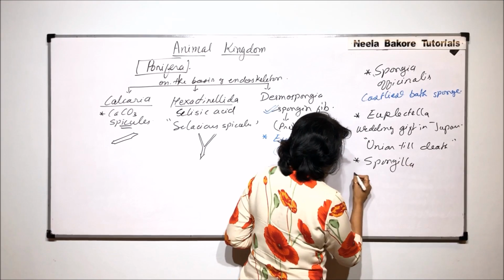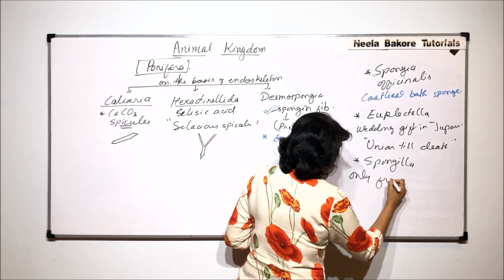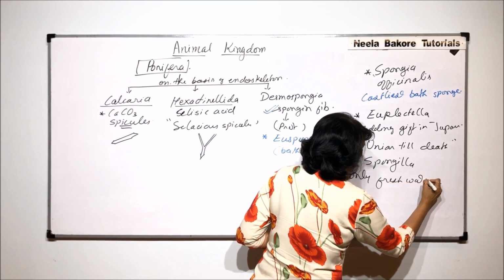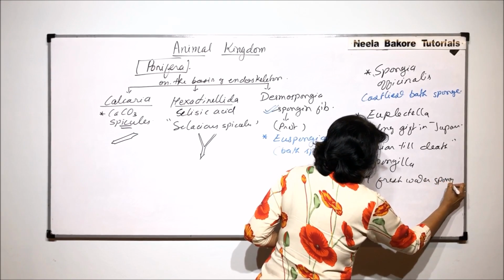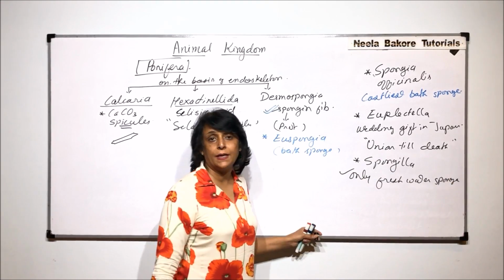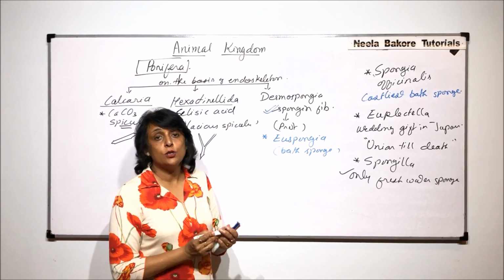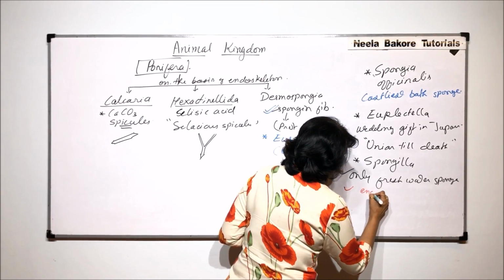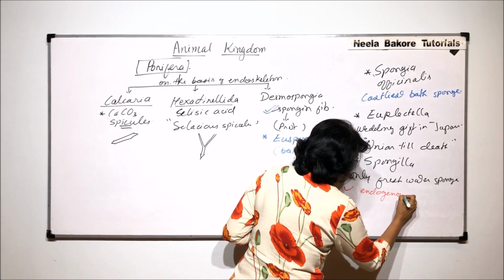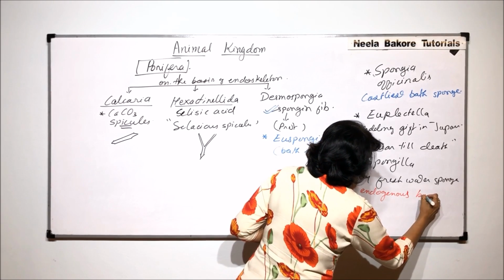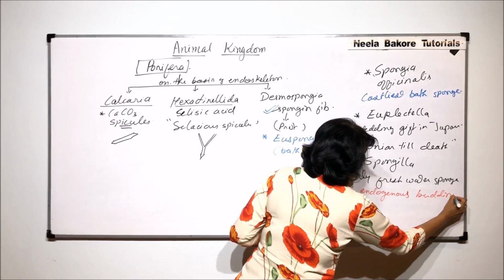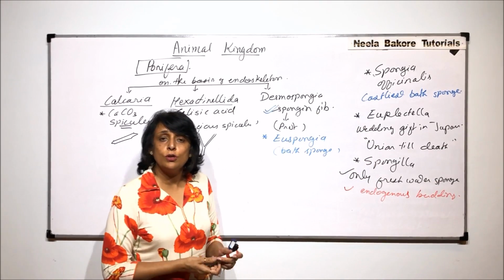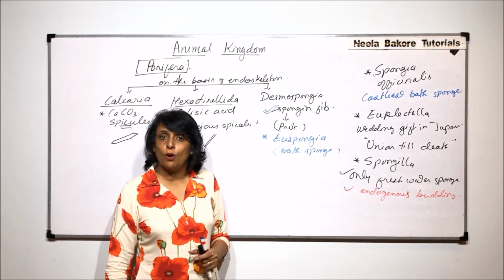Spongilla is the only fresh water sponge, and that is why this is an important example. Plus, in Spongilla we have also seen that there is endogenous budding, and these buds were called gemmules. So we have seen the structure of gemmule also.